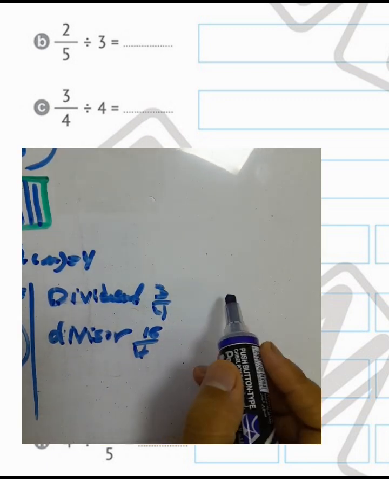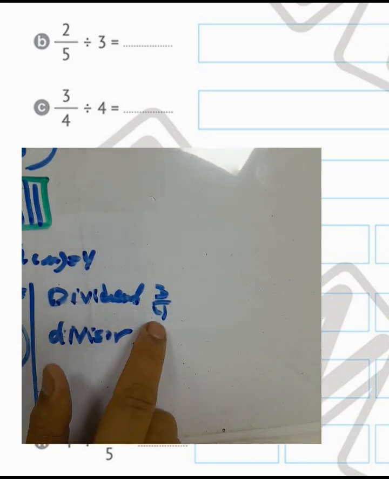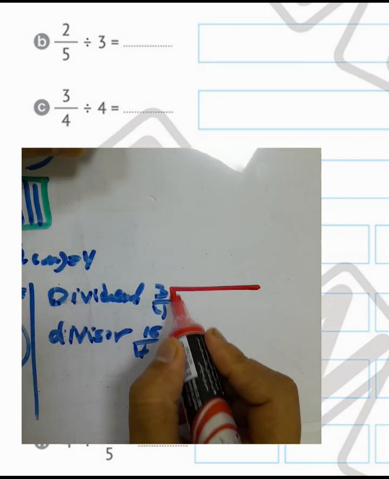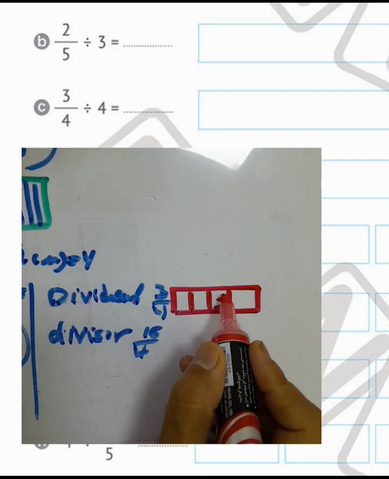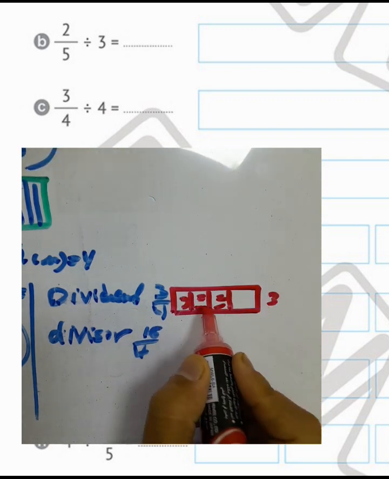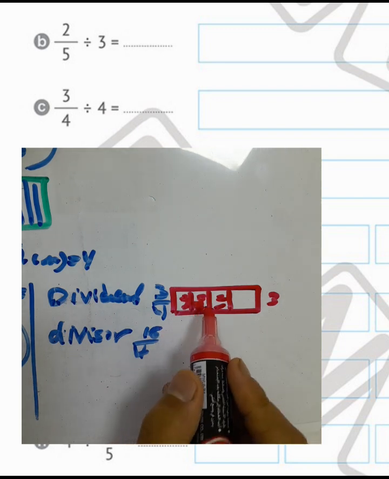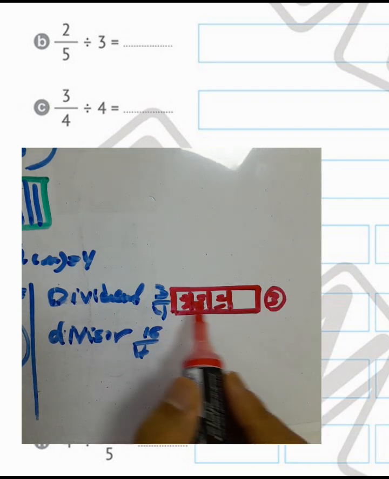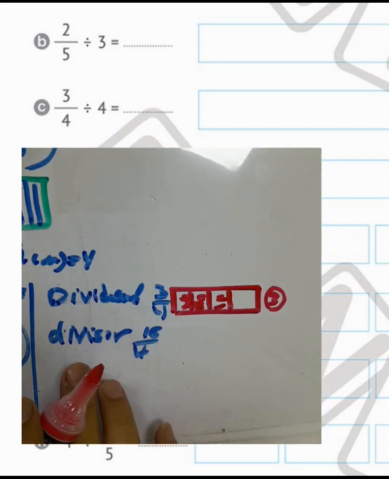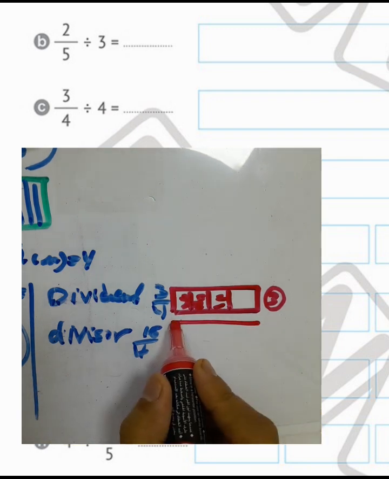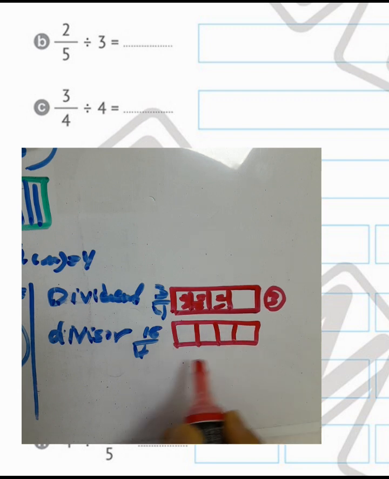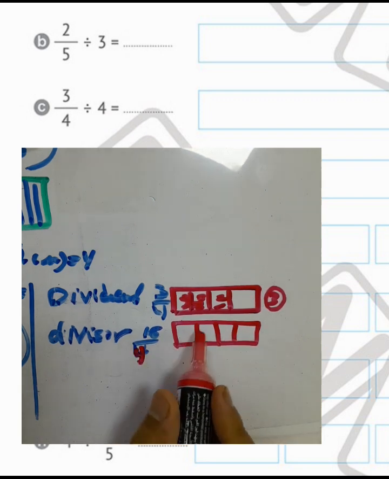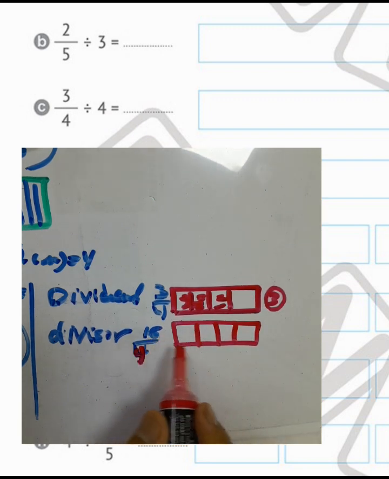Then we will draw here one model and divide it into 4 equal parts. 1, 2, 3, and 4, and color 3 parts from it. How many colored parts? 3 parts colored. And 16 over 4 means draw a tape diagram and divide it into 4 parts, and each part divided into 4 parts, because 4 times 4 equals 16.